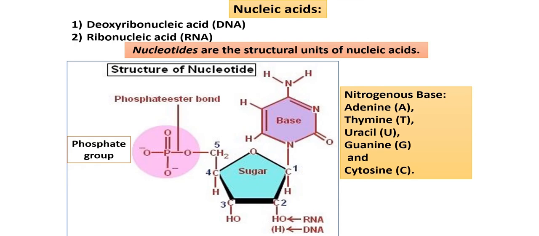The next class of biological macromolecules is nucleic acids. We have two types of nucleic acids, deoxyribonucleic acid and ribonucleic acid. NA here represents nucleic acid, R shows ribo, and D represents deoxy.